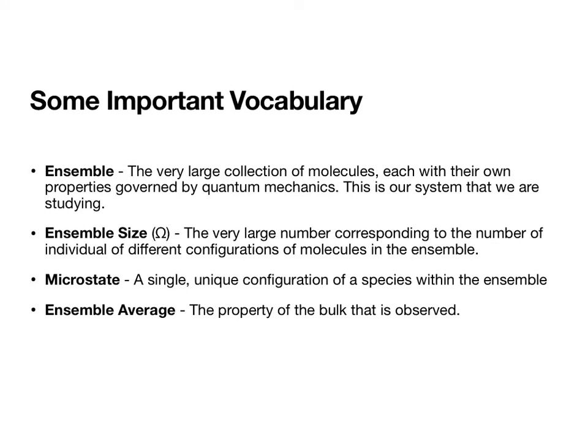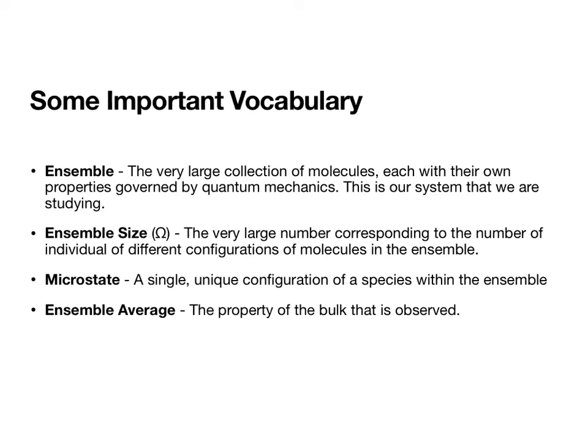And so this ensemble is when we have the bulk. The ensemble is another word for the system that we are studying. This large collection of molecules, remember, each have their own properties governed by quantum mechanics, but we are going to be looking at what the bulk properties happen to be, which are some combination of those individual properties.